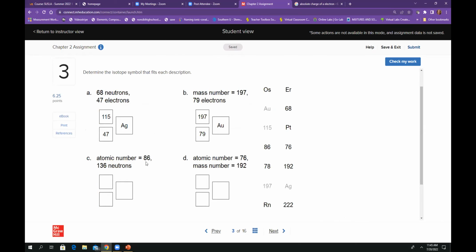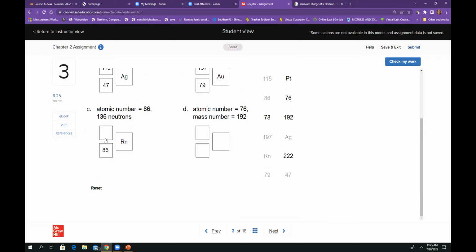All right, so 86, the atomic number is 86. 86 would be radon. So we need Rn. And we need the 86 on the bottom. And you notice it says 136 neutrons. So we need to add these two.